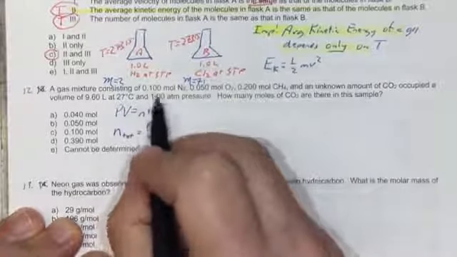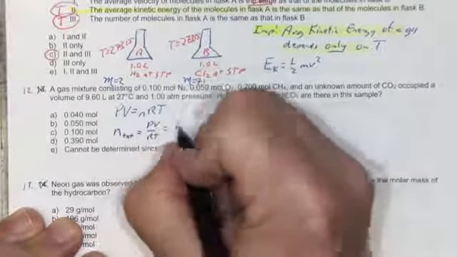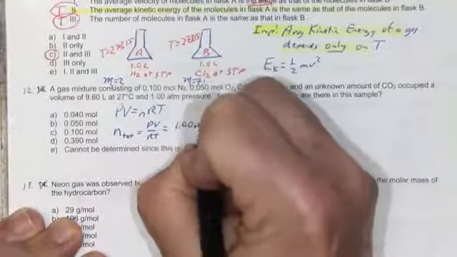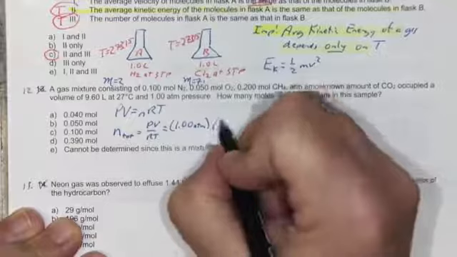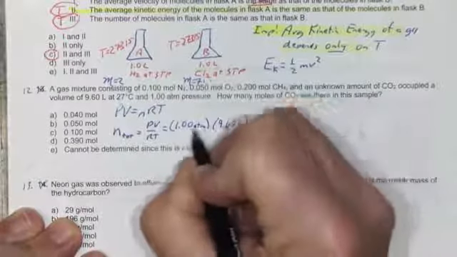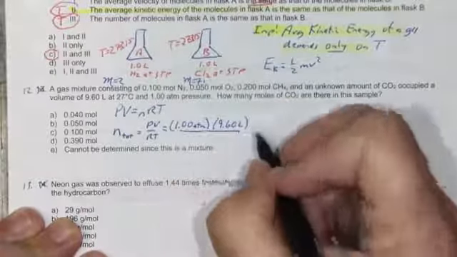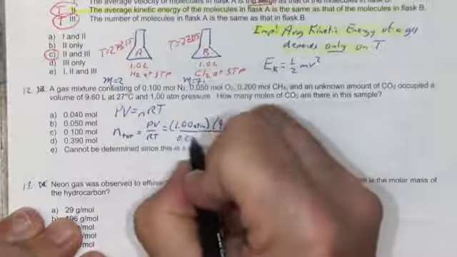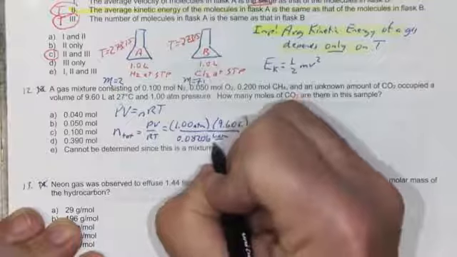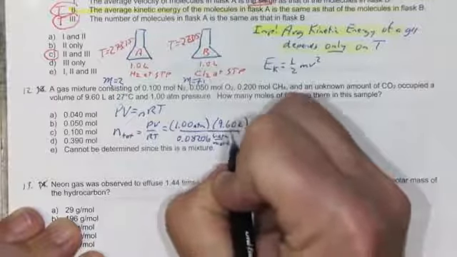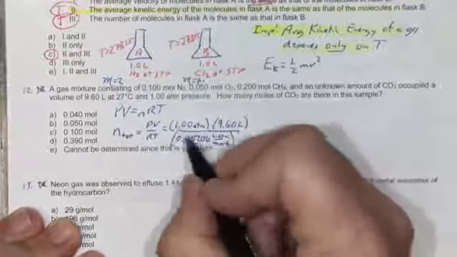The pressure, I can just plug this in, is 1 atmosphere. The volume is 9.60 liters. R, the ideal gas constant, is 0.08206 liter atmospheres per mole per Kelvin. I'm just writing the units to make sure everything cancels appropriately.